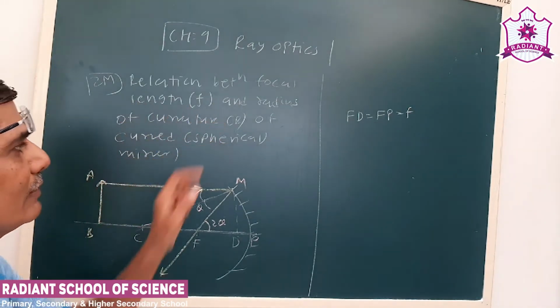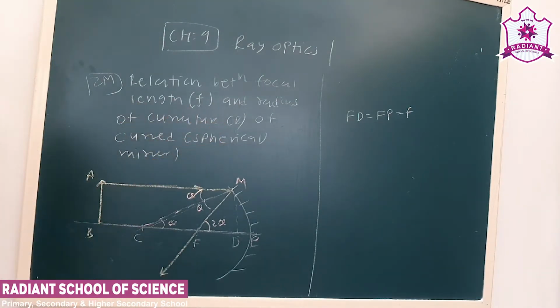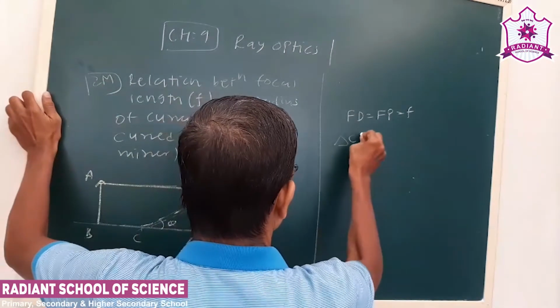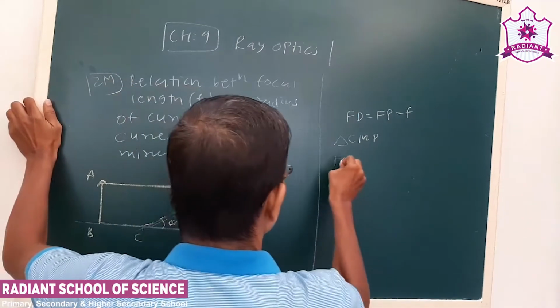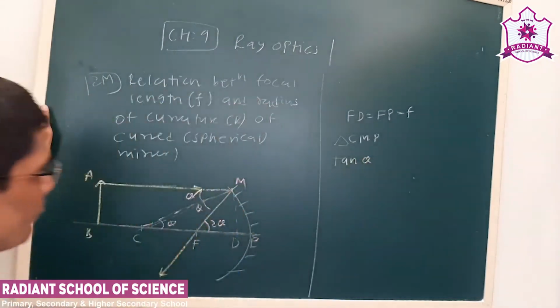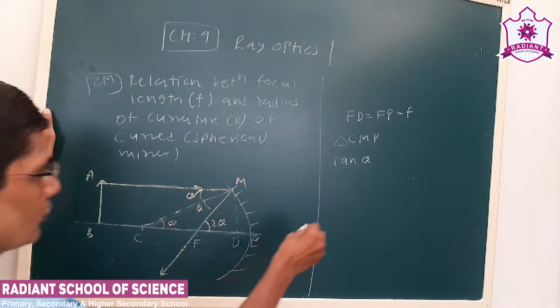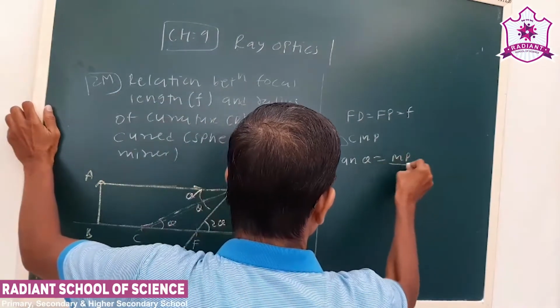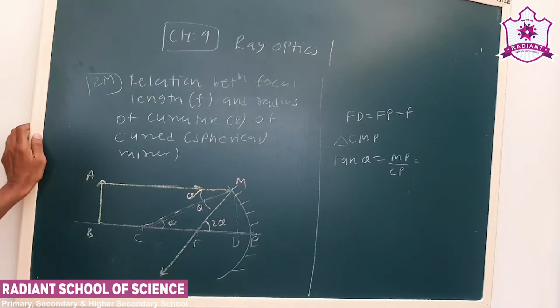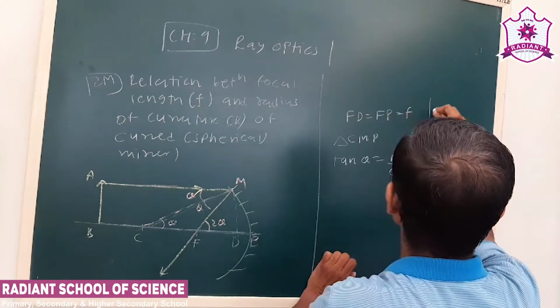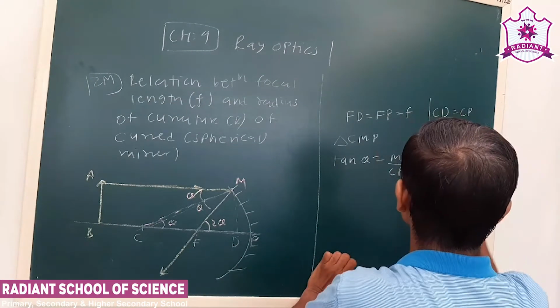Now here we have to derive the relation between radius of curvature and focal length. Now see, consider triangle CMP. tan theta, opposite, that is MP upon CP. We also see that CD and CP are same.